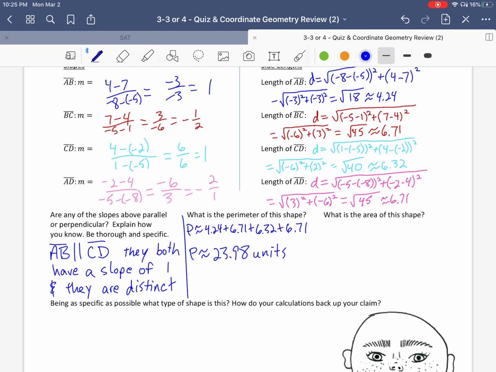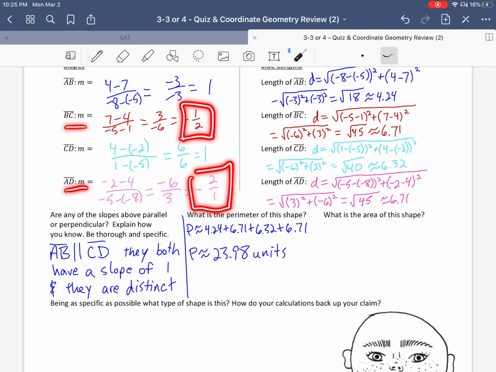Now I'm going to put off answering anything about the area of the shape because we don't know what kind of shape it is. We know that we have one pair of parallel sides, and let me just go back to this other question. Are there any perpendicular sides? Well, side BC has a slope of -1/2, and side AD has a slope of -2/1.